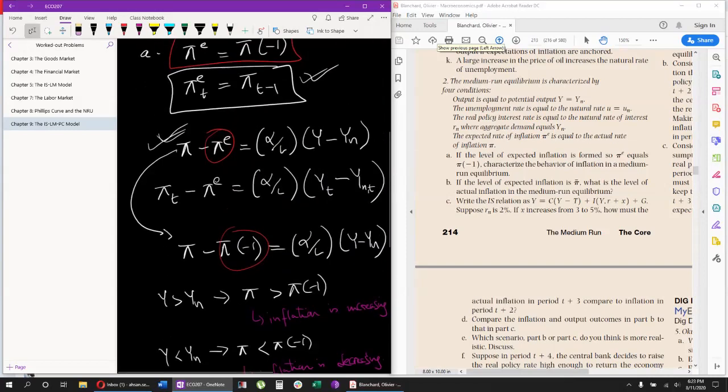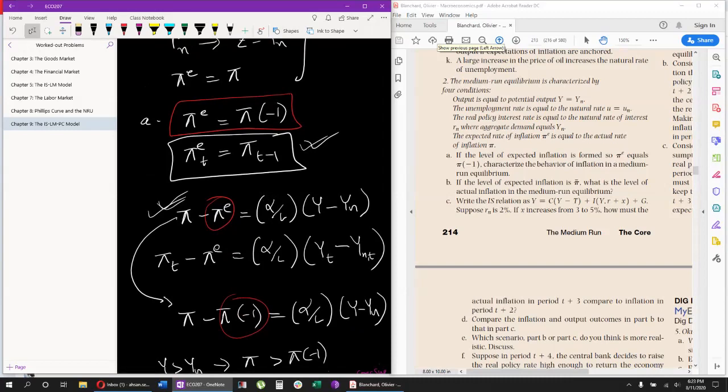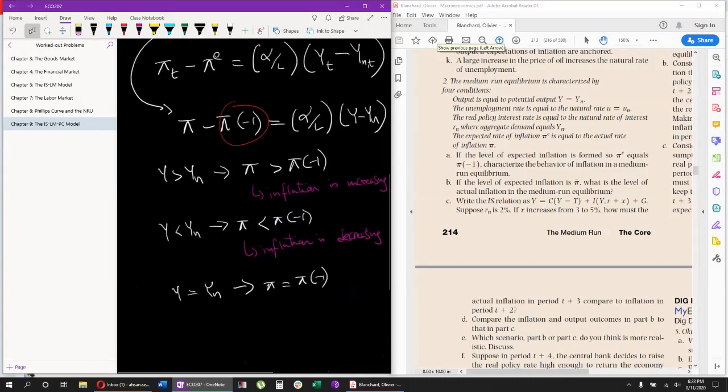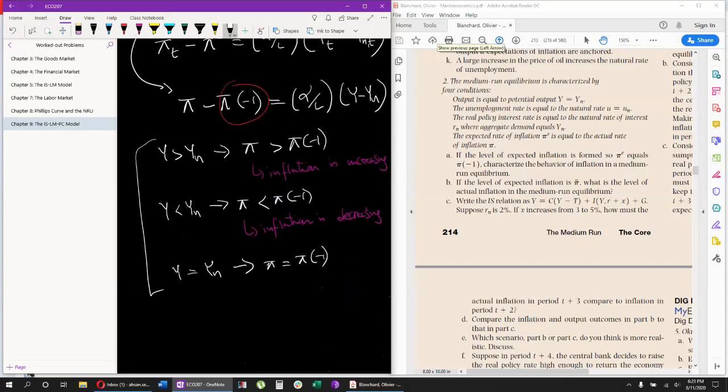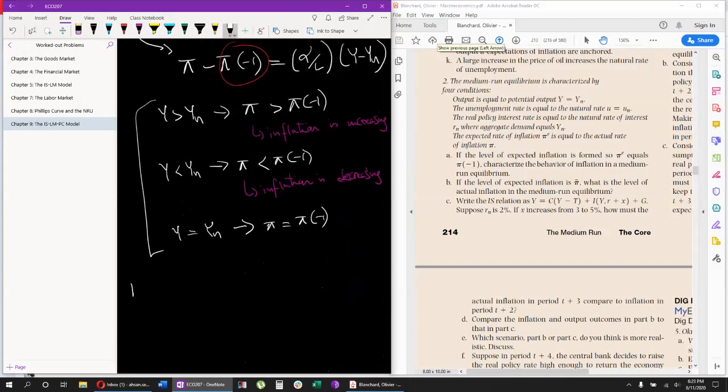So that was part A: if expectation in the economy is such that we expect inflation this year to be equal to inflation in the previous year, then this is what we get. Part B: in part B, what we have is that in the economy, expectation of inflation is formed around a fixed level.